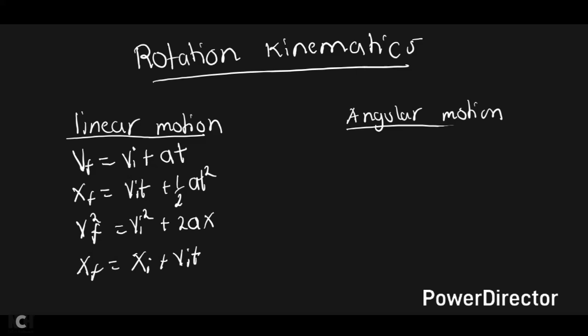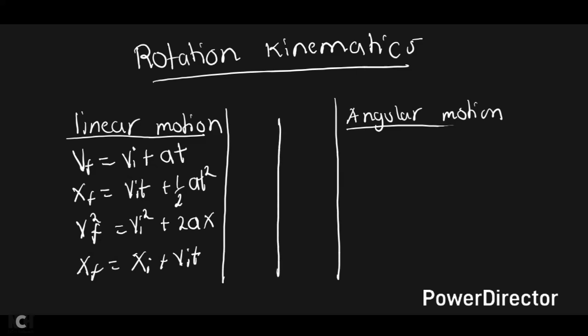Now, I want you guys to understand a bit here. We have to know also the symbols of these. So I'll take this part as the linear symbols, and I also take this part as the angular symbols.